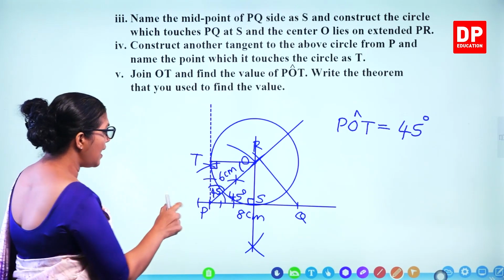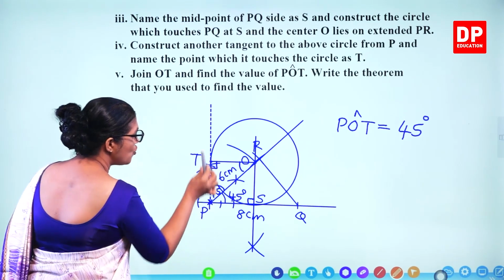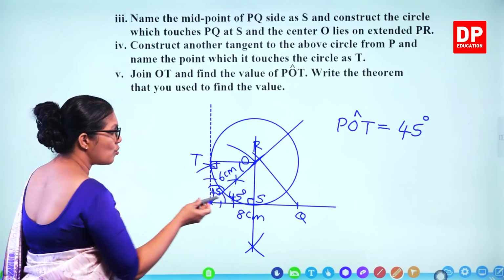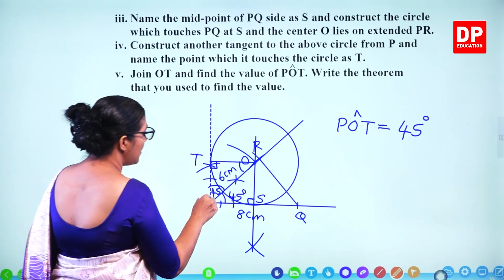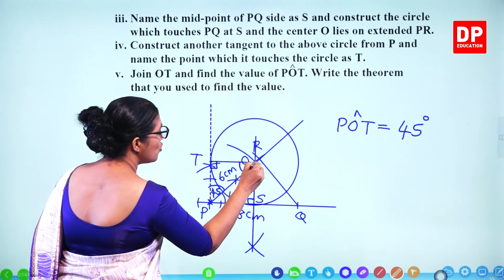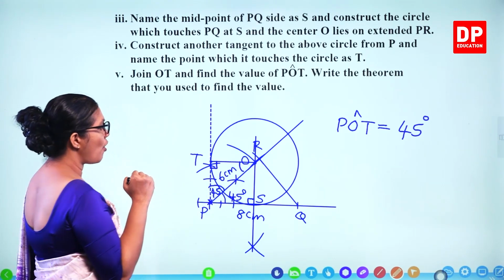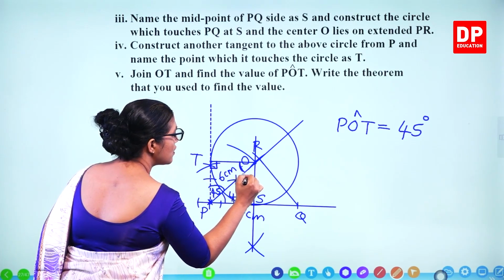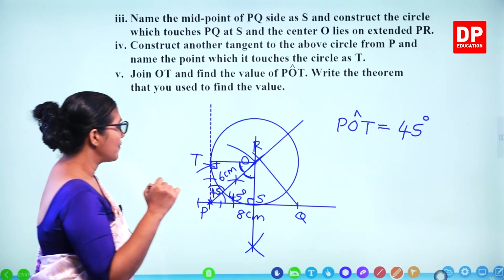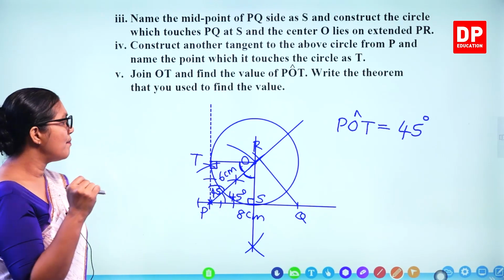Or you can say when you draw two tangents to the same circle, the line joining the center to that point is bisecting the angle. So this angle 45, this is also 45. So you can use that theorem for that.